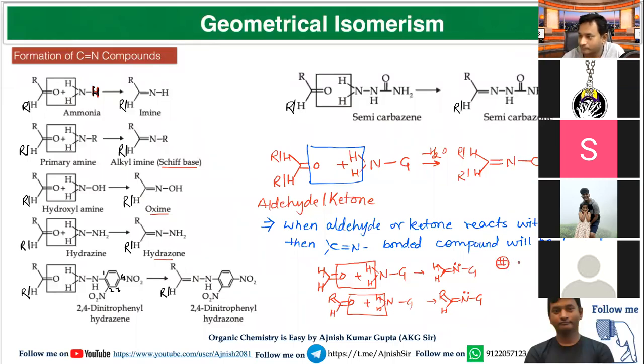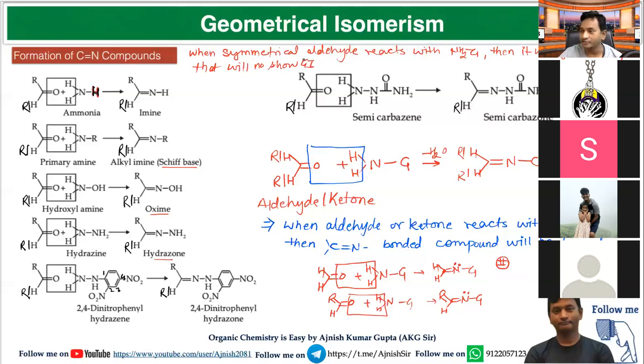When symmetrical aldehyde reacts with NH2Z, then it will form a compound that will not show GI. GI means geometrical isomerism.